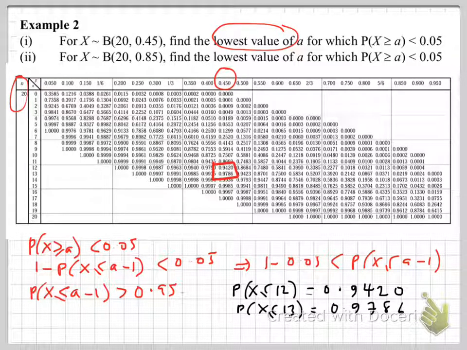So the one where it's greater than 0.95 is 13. So lowest possible value, let me just write that again, is for A minus 1 equals 13, and therefore A equals 14.